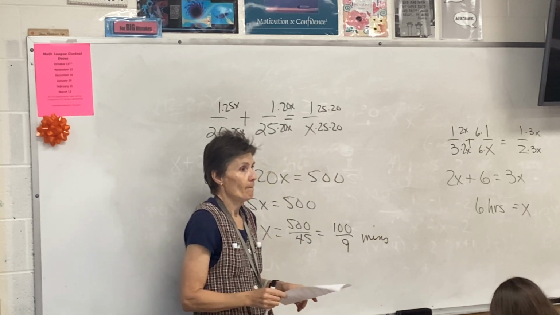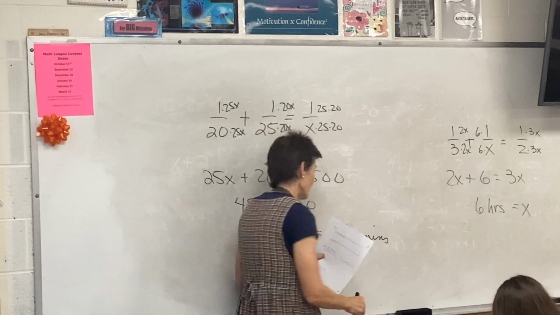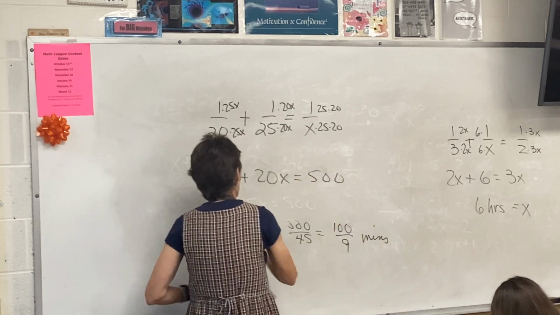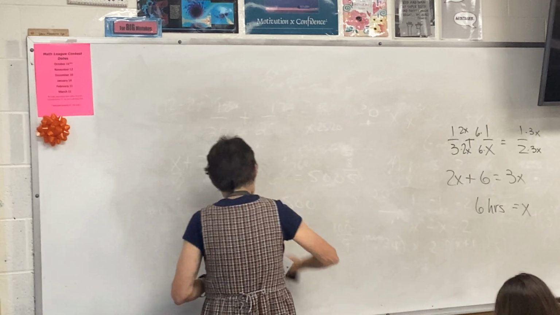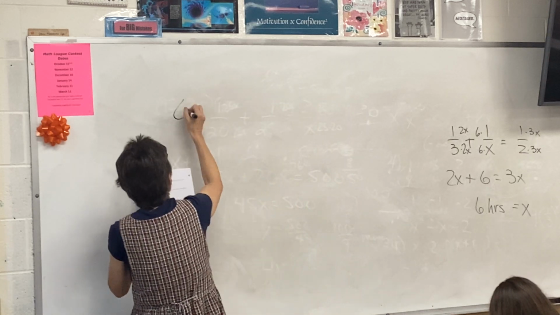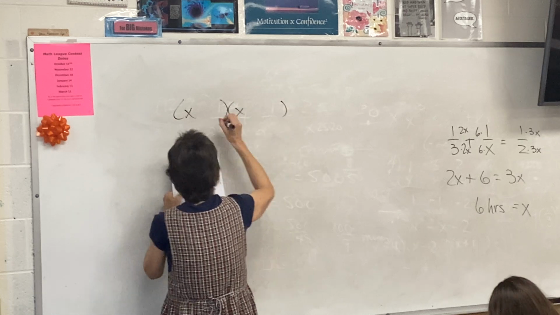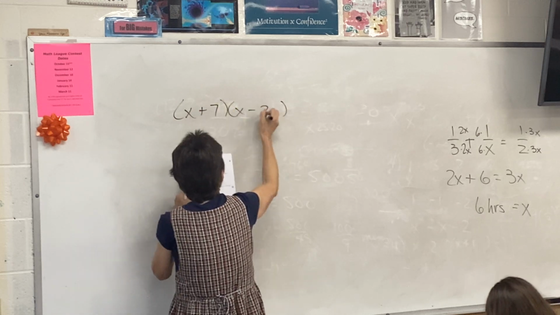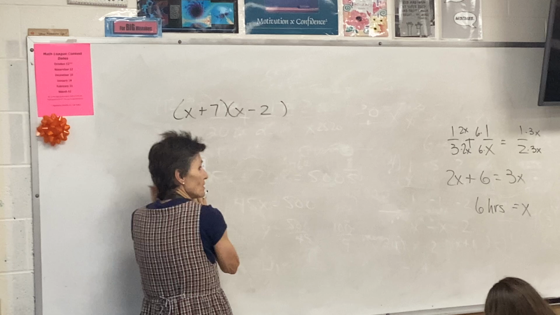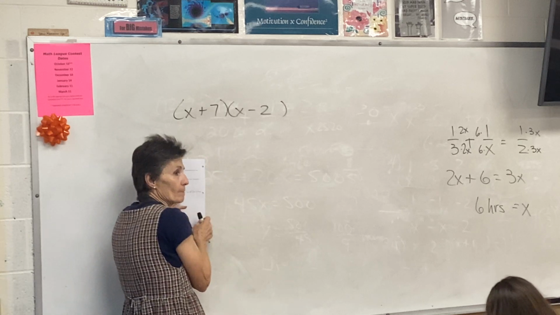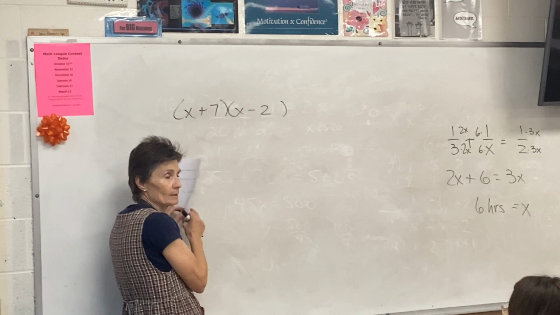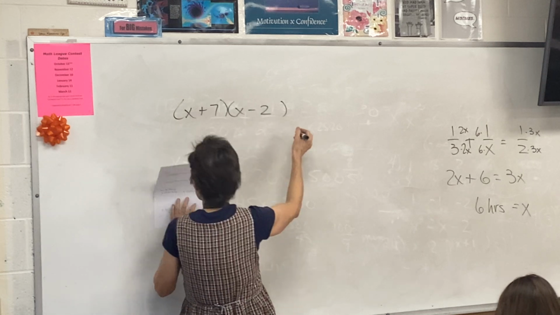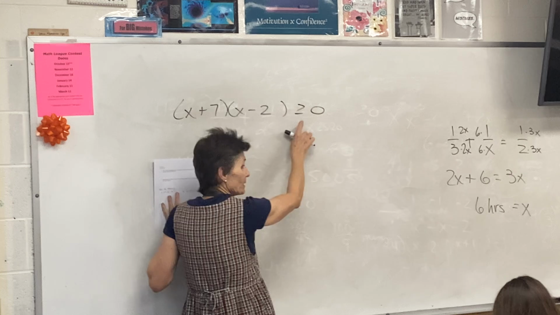We good? Next, what are we going to do? Number 3, we're going to solve. How are we going to solve this? Factor. How does it factor? Plus 7, minus 2. Everybody okay with that? Yep. Now, see that? Oh, you don't see it because I didn't write it. See that right there?